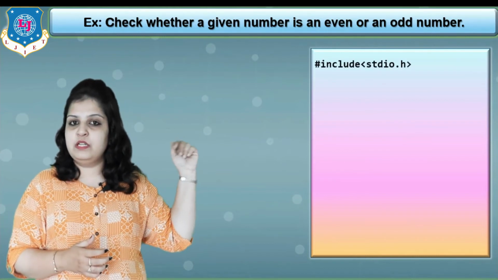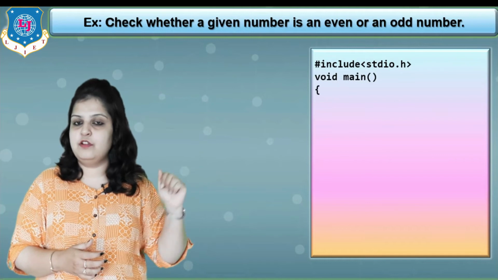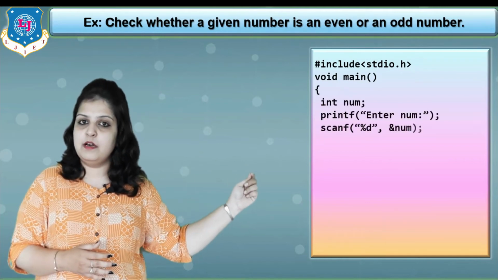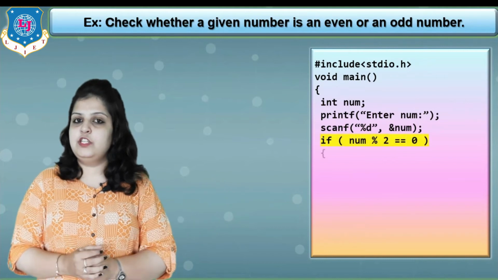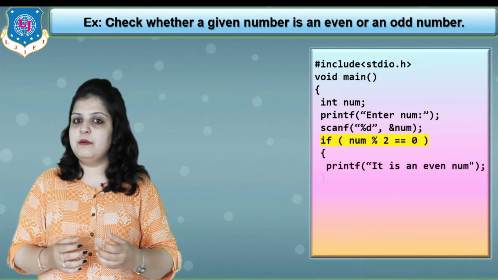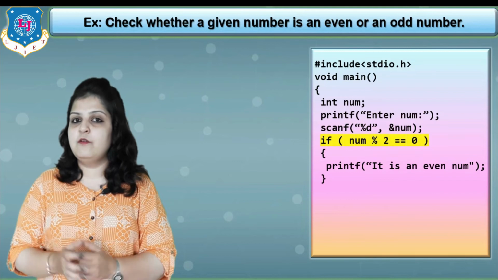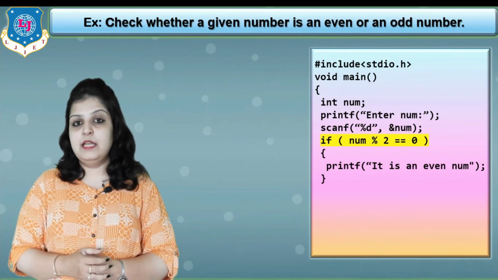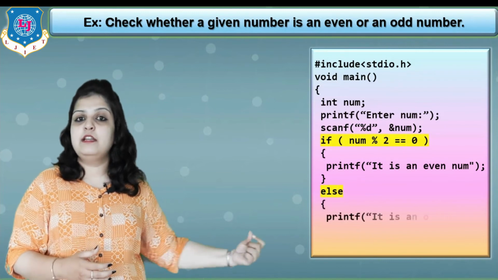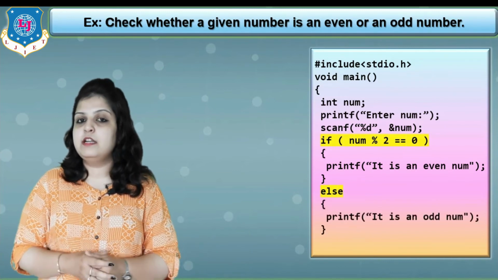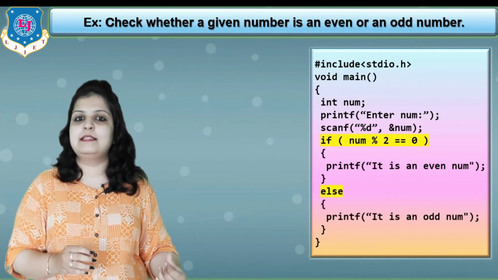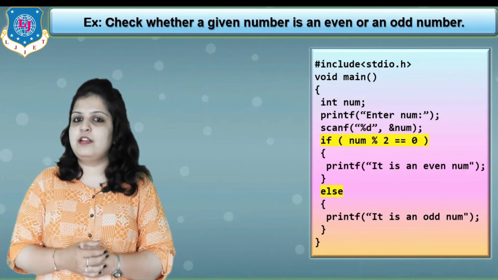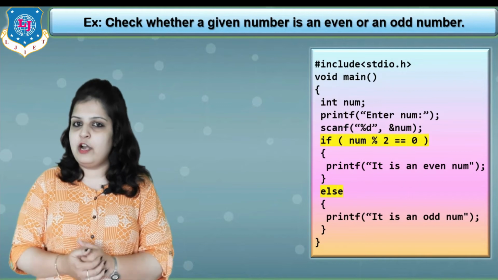Just include the library, then after the main function write the same thing, enter the number, and the first condition is for even: if number modulo 2 is equal to 0. If yes, then the true part is it is an even number. In the previous example we wrote another condition for odd, but here we simply put else instead of a condition, and in else we write the false part, that is odd number.